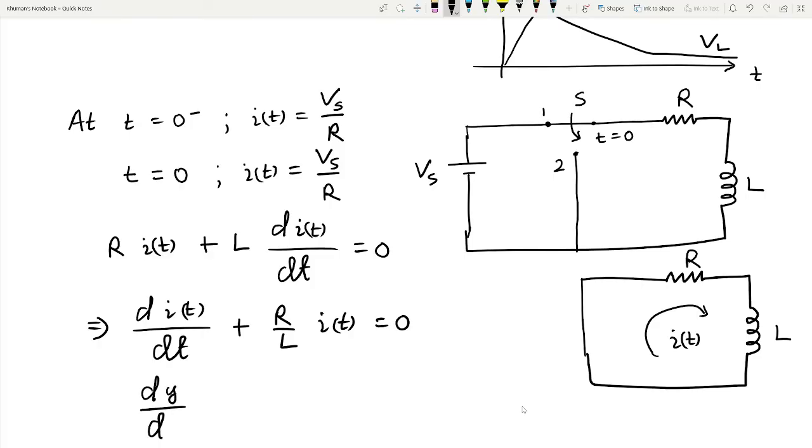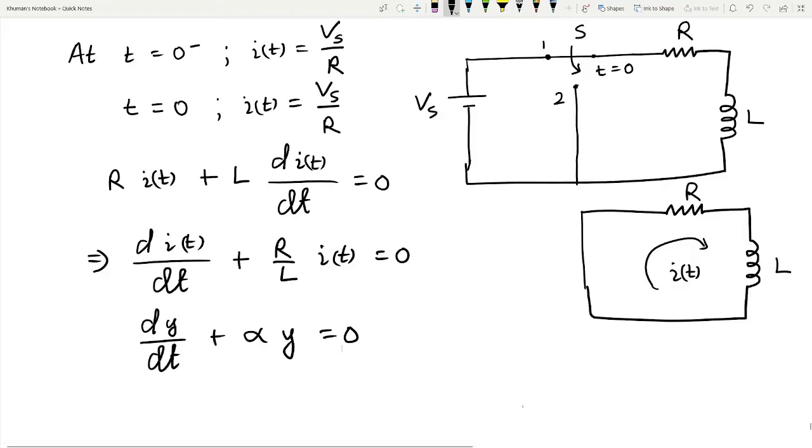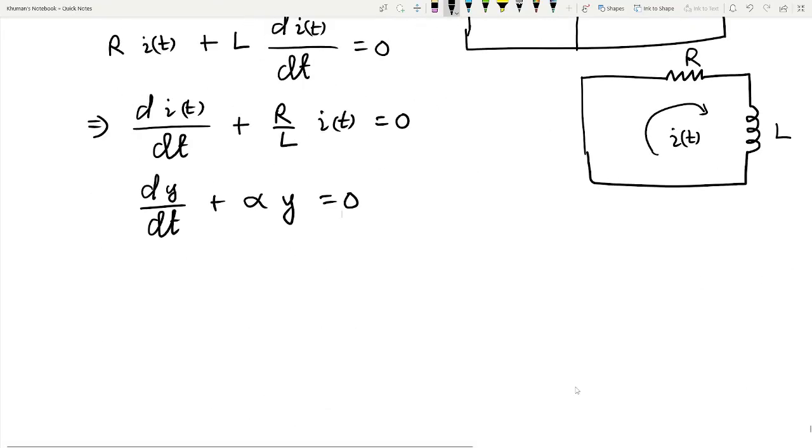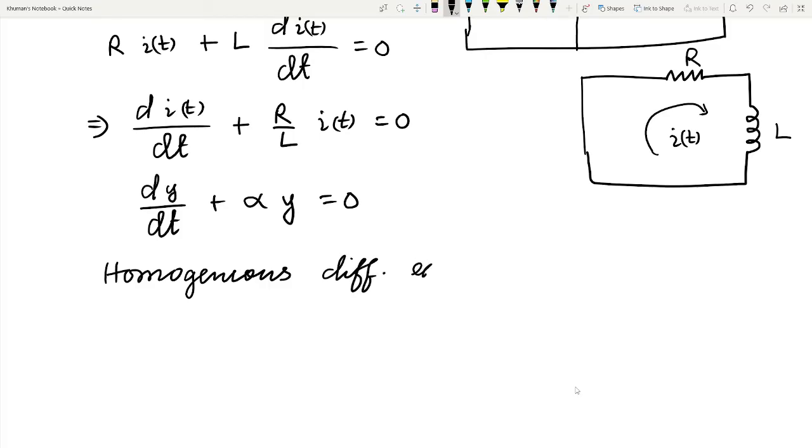This can be compared with a differential equation like dy by dt plus alpha y equal to 0. So this equation is a homogeneous differential equation, and its solution is given by y equal to k e to the power minus alpha t.